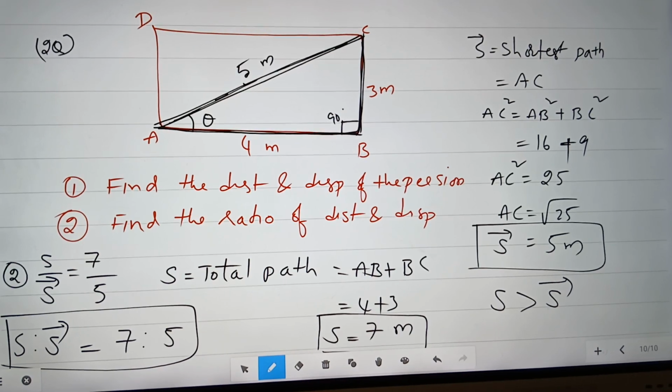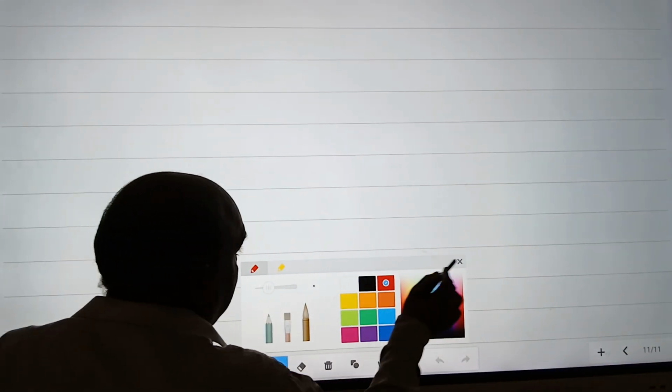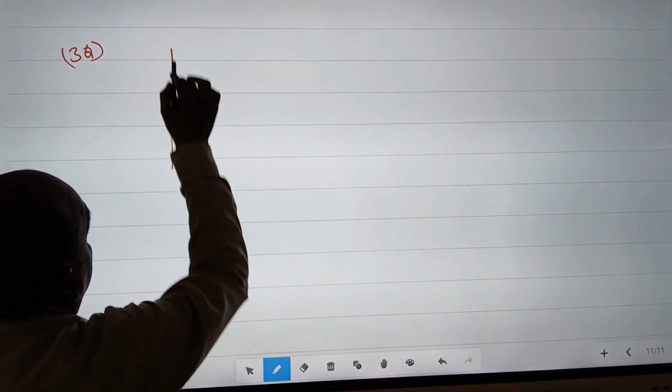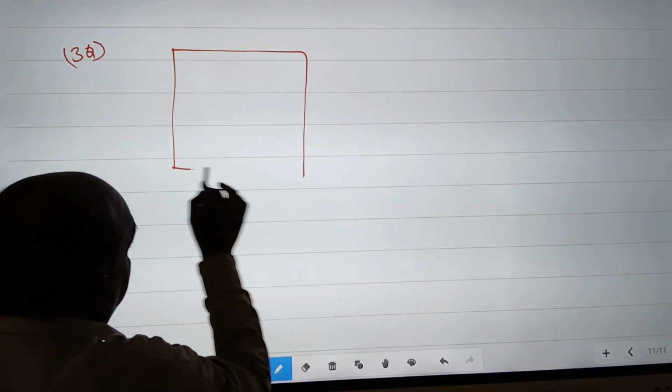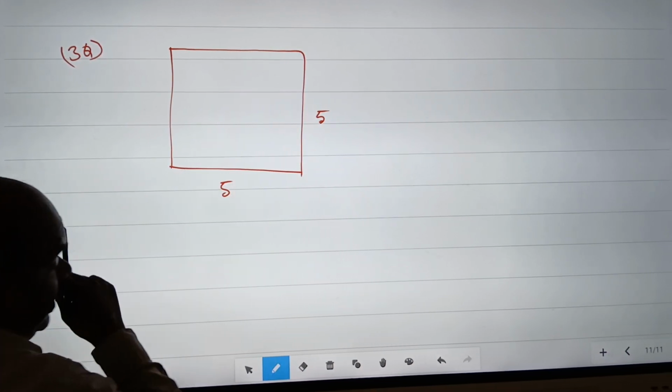Question number 3, same model, but this is homework. Draw a square. This side is 5. Square means all sides will be the same.